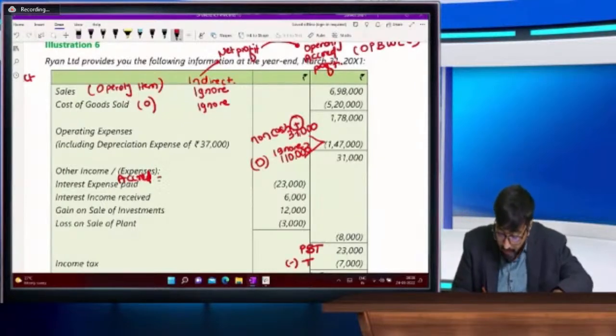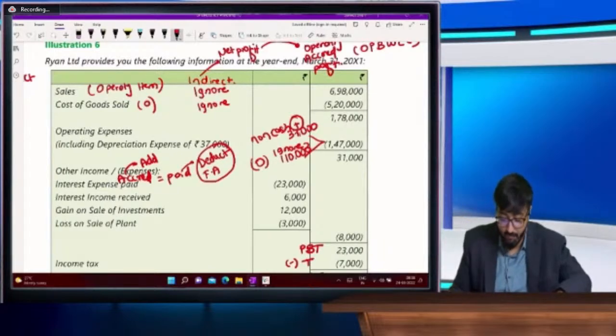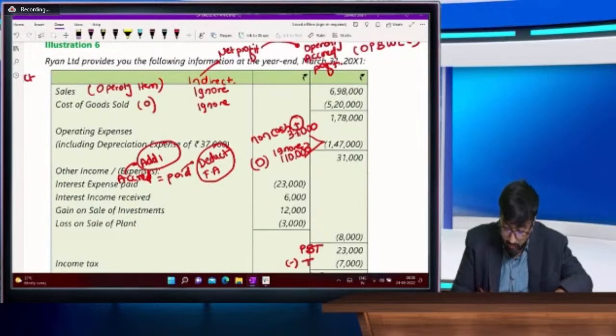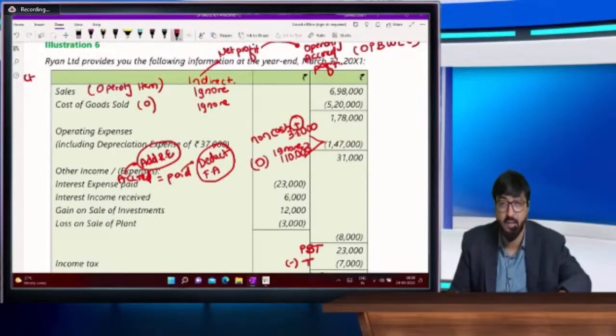So accrued we are going to add, and paid we are going to deduct from financing activity, and add it in net profit, or retained earnings. So add it in retained earnings, RE, because I'm a follower of retained earnings.